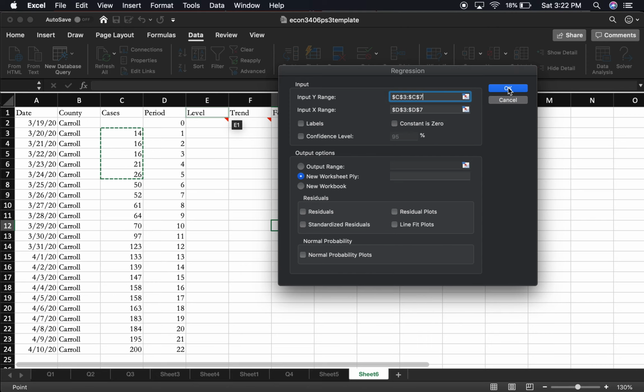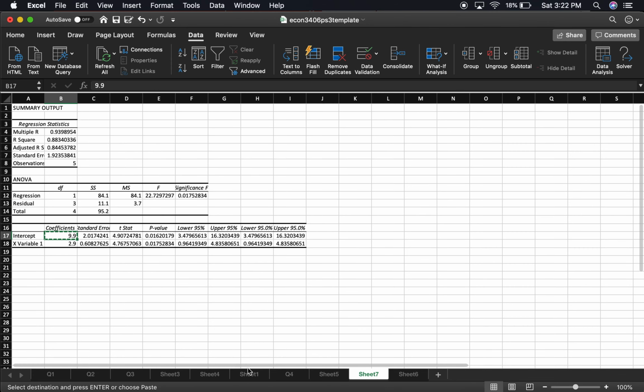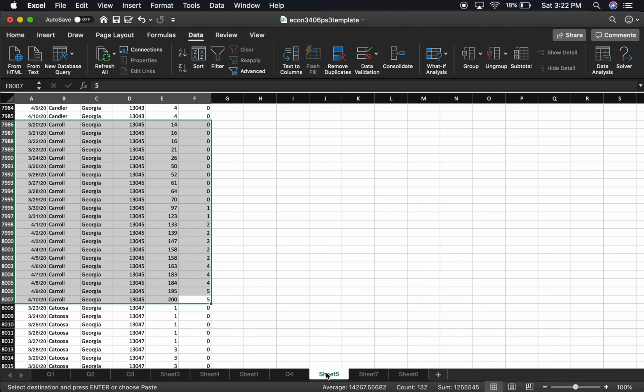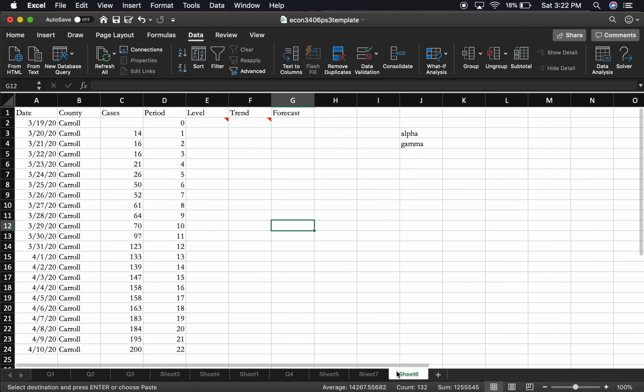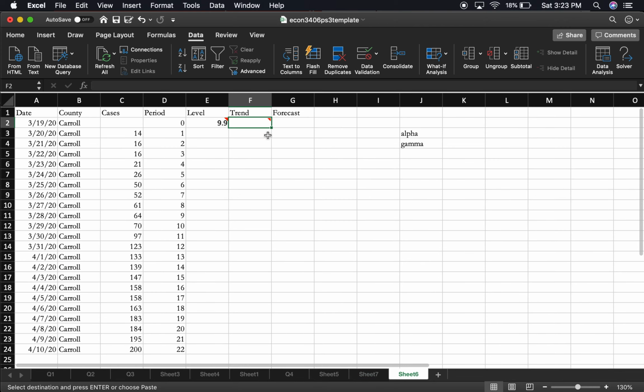No labels, that's fine. Hit OK. All right, so 9.9 is the intercept that I get. And if we go back to the data, I'm going to put that right there, 9.9. 2.9 is the slope. I'm going to go back and put it right here.